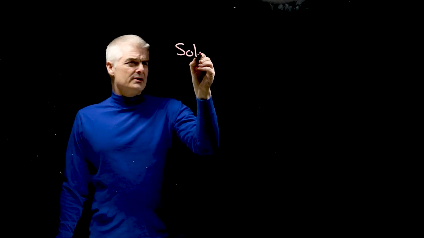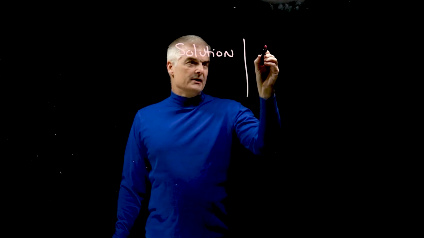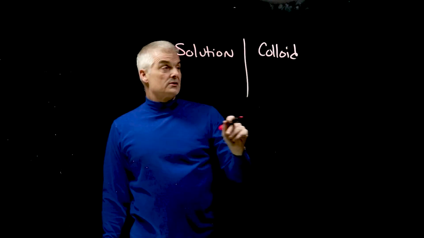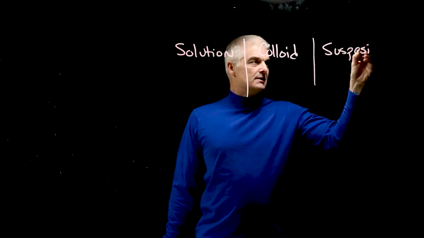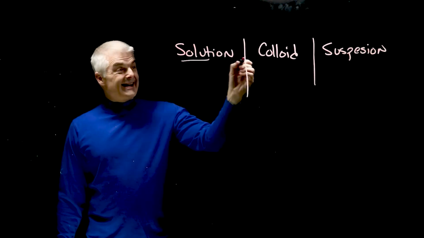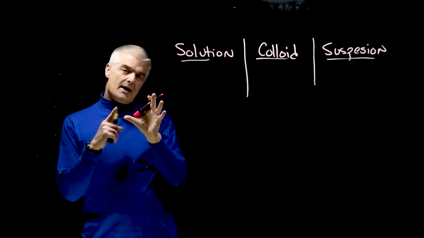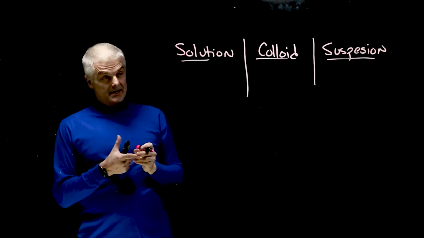There are really three types of, if you will, solutions. There's a solution, there's a colloid. We're going to focus on solutions as a whole unit. And then there's something called a suspension. Now, these different types of mixtures have to do with particle size.